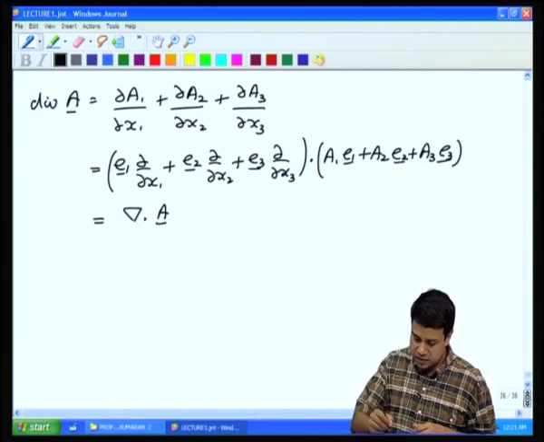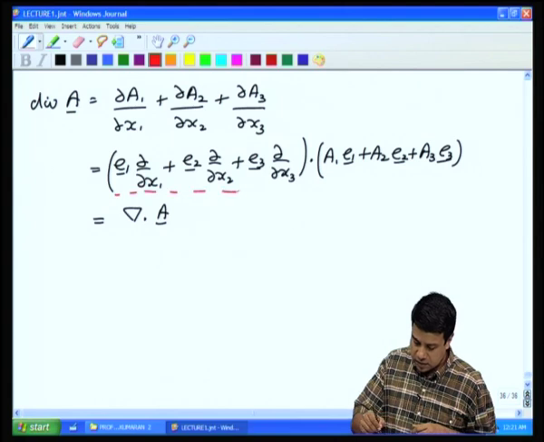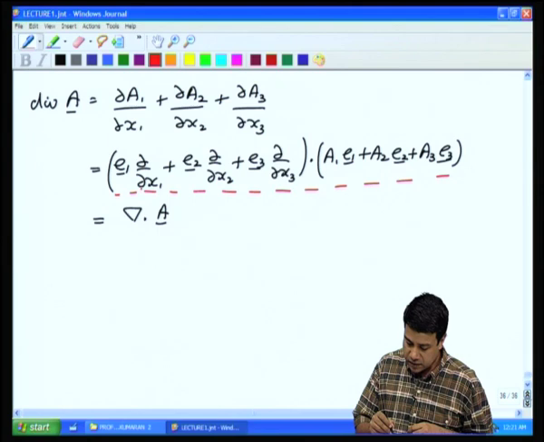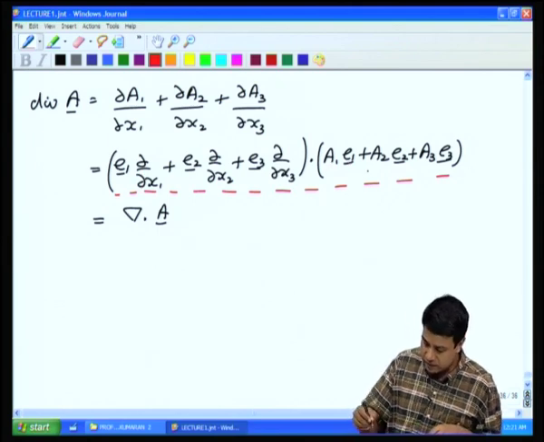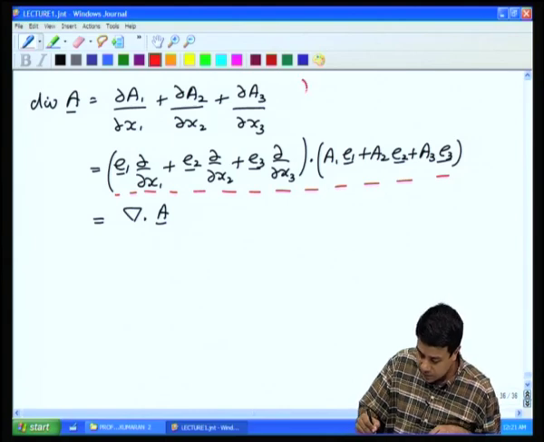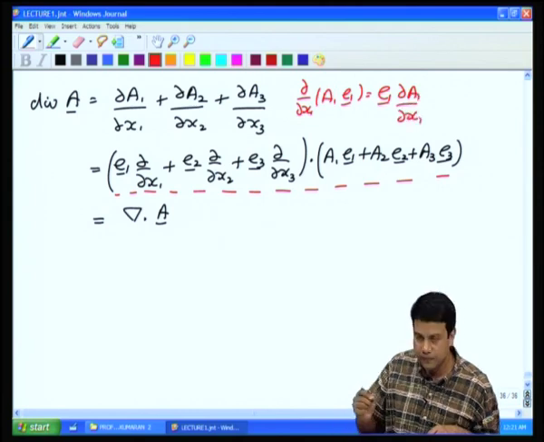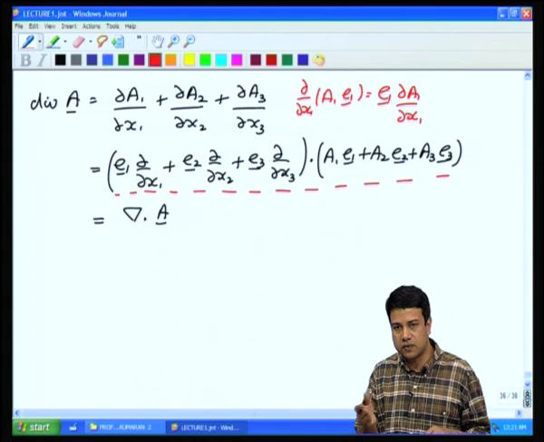Note that I had done this quite simply because when I take the derivative partial by partial x1 of a1 E1, I have assumed here that partial by partial x1 of a1 E1 is equal to E1 times partial a1 by partial x1. That was the assumption when I expanded out the derivative.